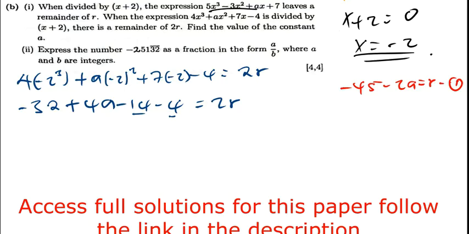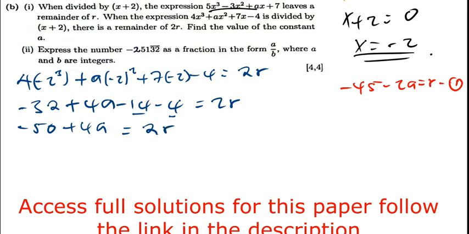So negative 32 minus 16, not really 16, it's going to be 18, right? Yeah, it's going to be 18, and I'll end up having 50, so it's going to be negative 50. Negative 50 plus 4a should be equal to 2r.